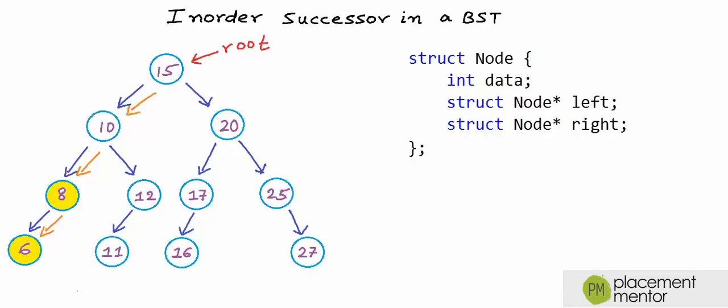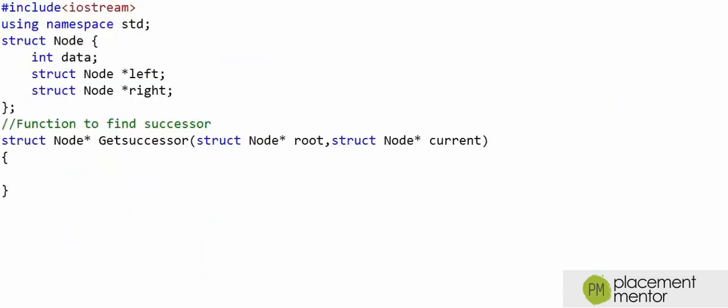Let's now write code for this. In my C++ code here, I'm going to write a function named getSuccessor that will take the address of the root node and the address of another node, for which we need to find the successor, and this function will return the address of the successor node. We could design this function differently.